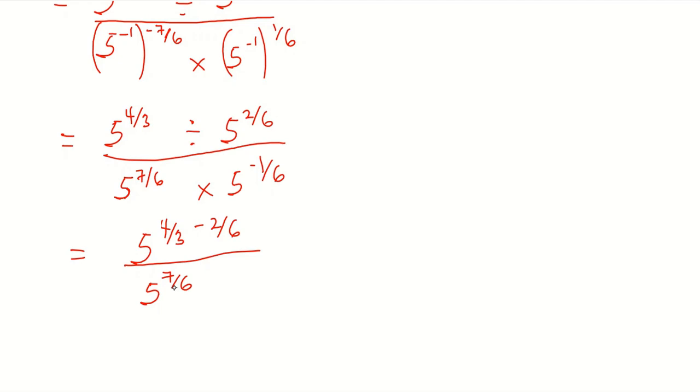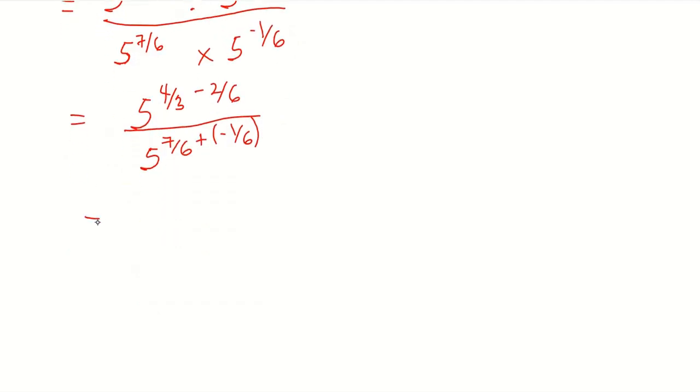So we have 5 exponent 7 out of 6 plus minus 1 out of 6, which is 7 out of 6 minus 1 out of 6. When positive and negative meet, we are definitely going to have a negative answer.